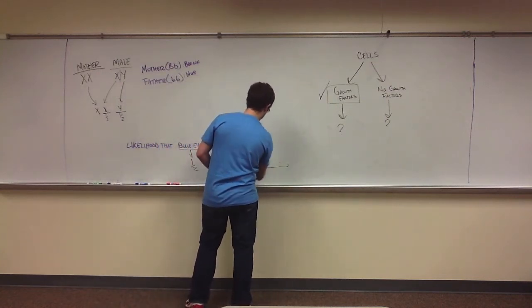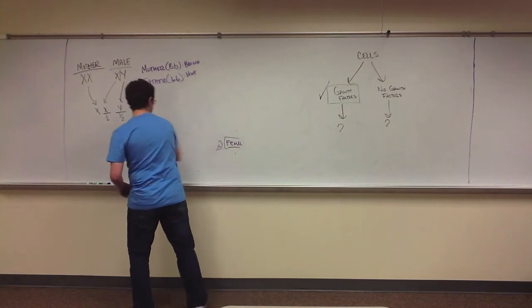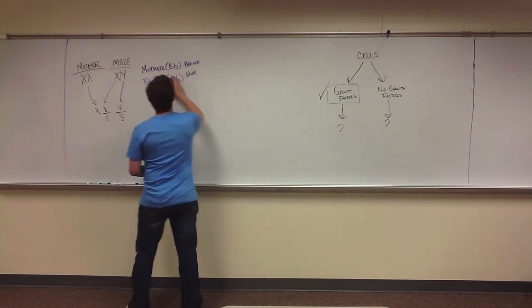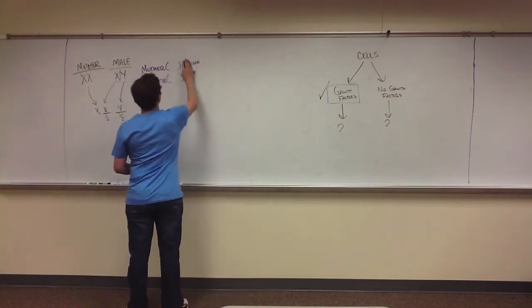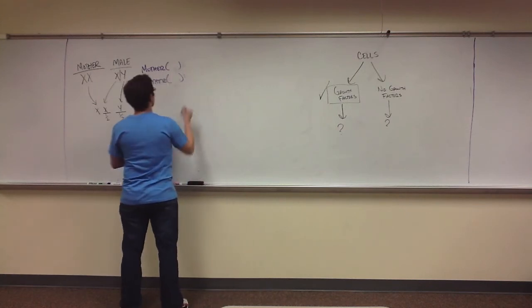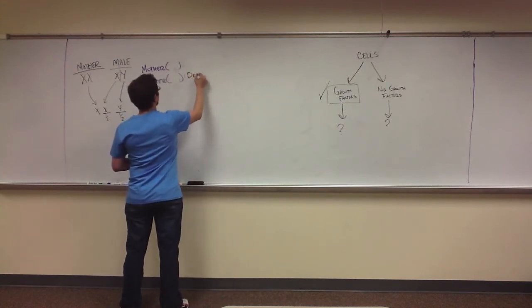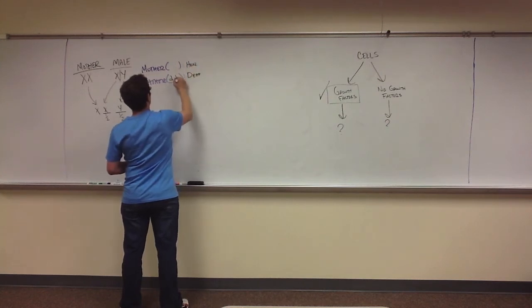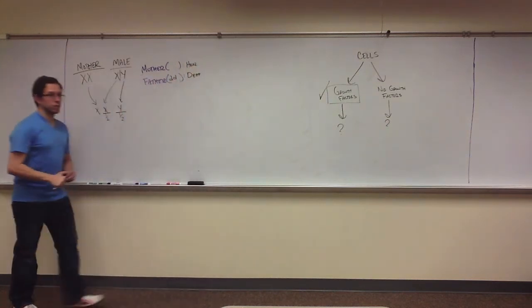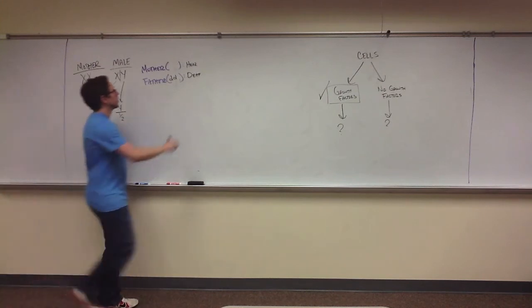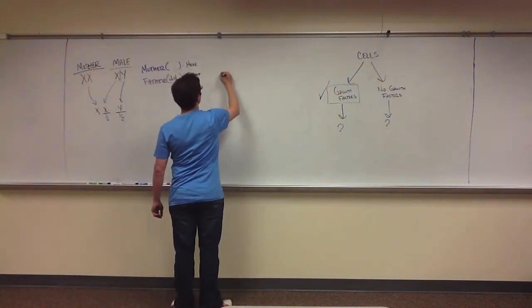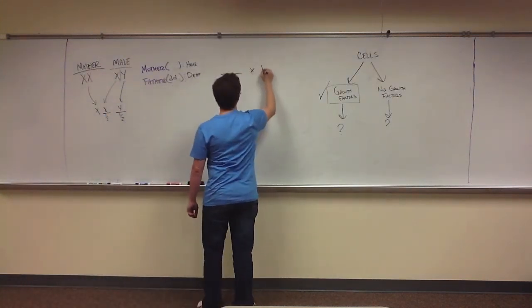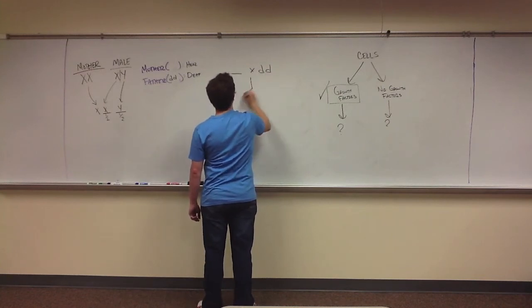The mother's father is deaf, lowercase d, but his wife can hear. They have 3 children. 2 of the children can hear fine, but 1 of them is deaf. What is the genotype of the mother? And then answer A is uppercase DD. So when we take the mother's, which is unknown, and we cross it with the father's, we get 3 children.